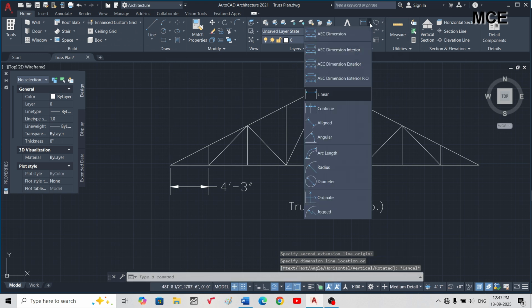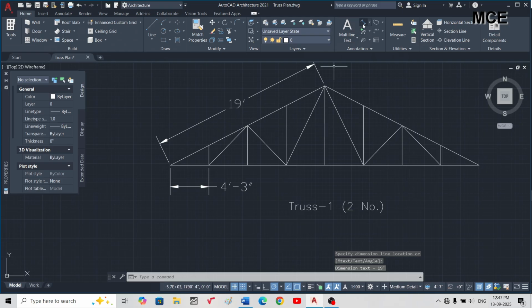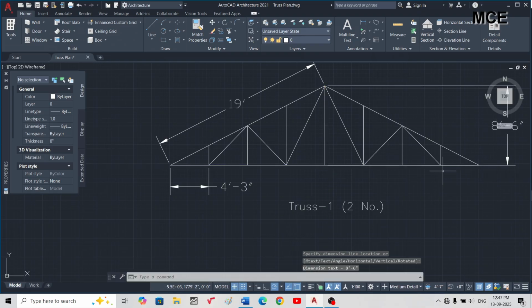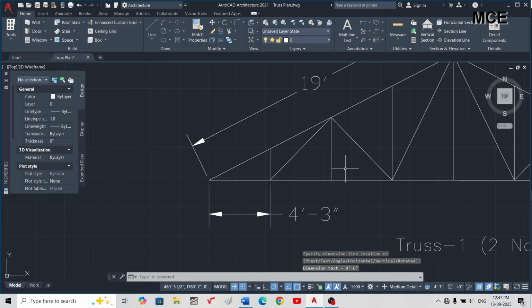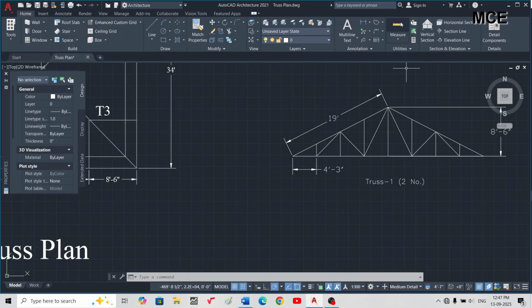So our rafter is 19 feet and the king post is 8 feet 6 inches. And you can find out the length of the rest of the members using the measure command.